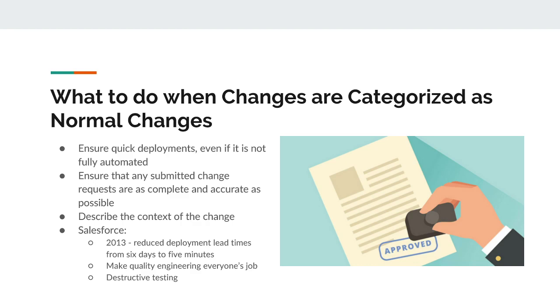The more accurate or detailed the context of the change that you describe, the more understandable and easier it is for CAB to approve it. Now, one example of normal changes is with Salesforce.com.